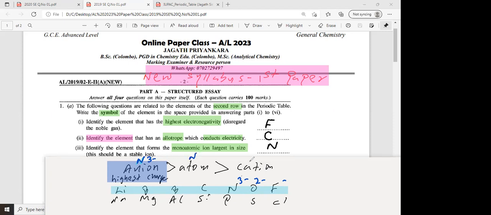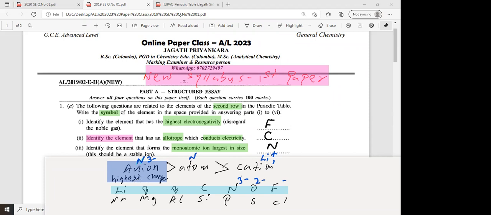And if you take a cation like Na plus, Li plus, the lithium ion, I took the ones in the same group.